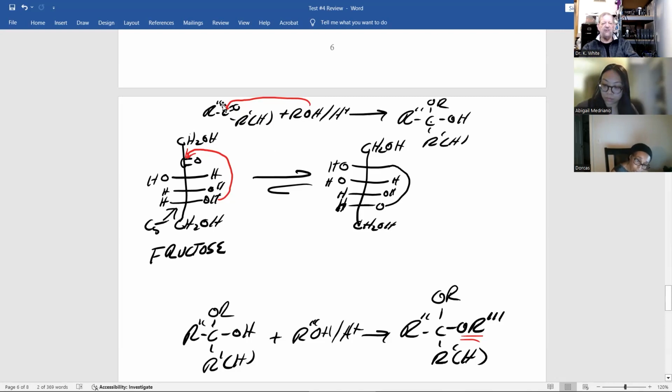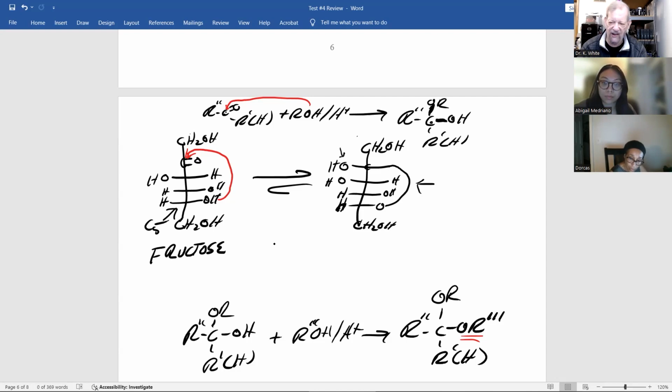And this reacts to form a hemiketal. This attacks that, and this carbon has an OH group, and this oxygen to that carbon, which this right here is this bond, and this is that, and this carbon is that carbon.